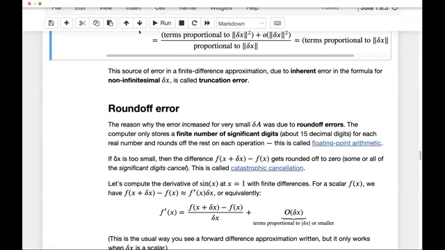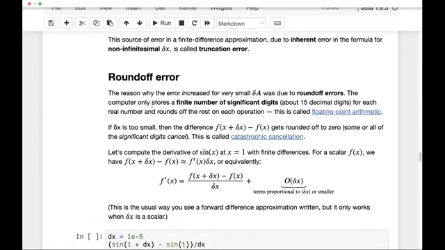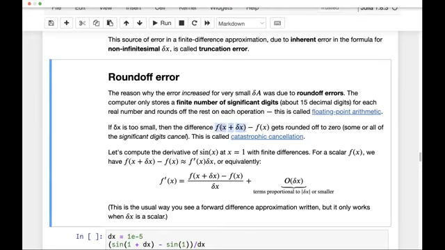So let's think in a little more detail about how that happens. What happens if delta x is too small? Then f of x plus delta x and f of x are almost the same number. And when you subtract them, most of the significant digits cancel one another.